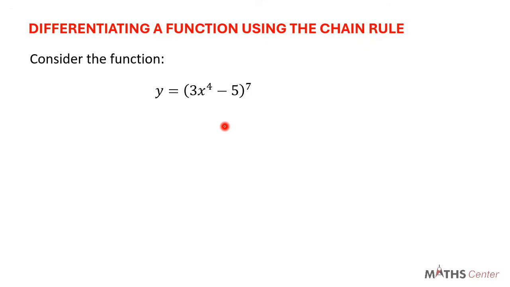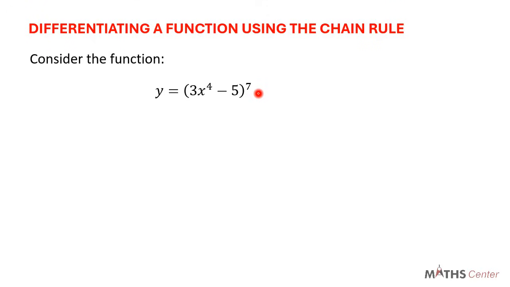In the lesson on binomial theorem, we learned how to expand a function like this. So if we are to go by that, we will have to use what we learned under binomial theorem to expand this expression, and then we will differentiate each term. As you can see, since this has an exponent of 7, that will be very tedious for us to do.